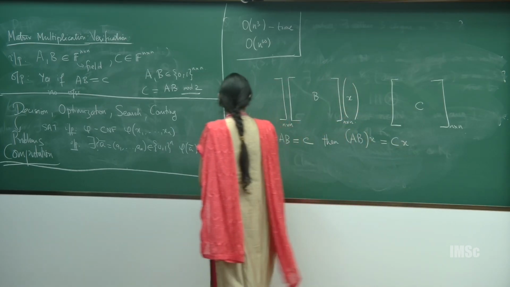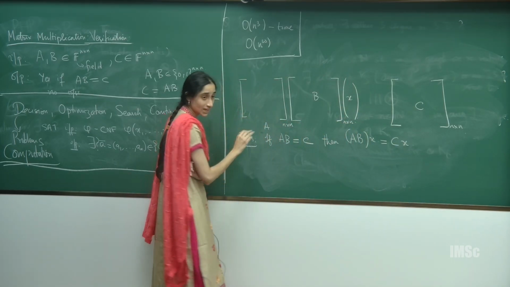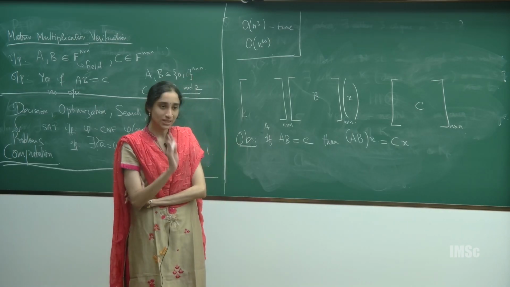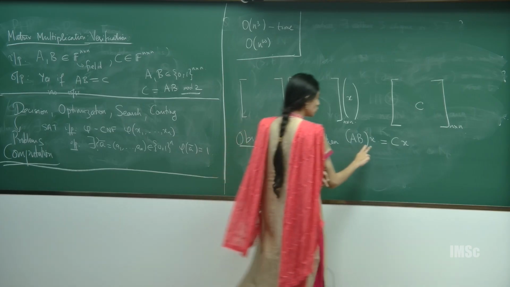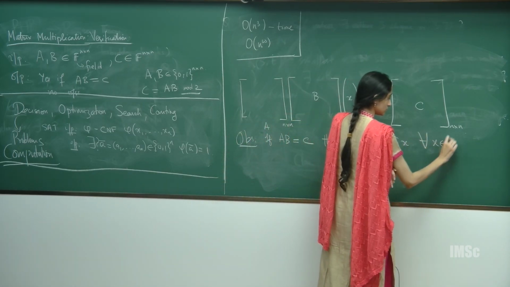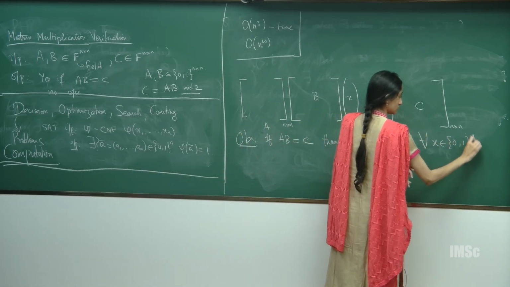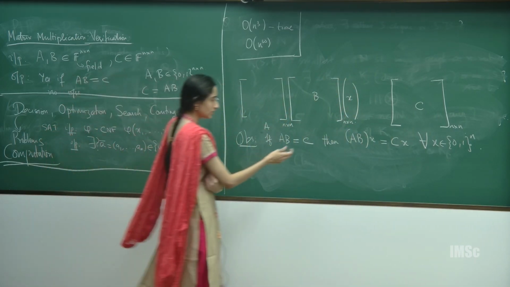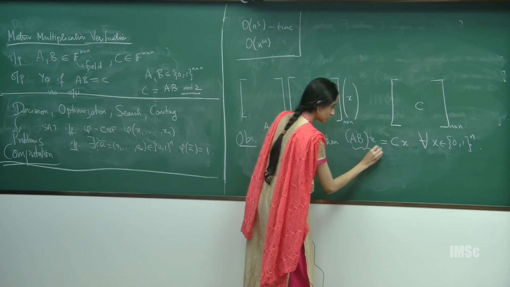I mean, this is an observation. This has nothing to do with the algorithm, this is just something mathematical. If AB is actually C, then no matter what X you pick, ABX equals CX. So what is the advantage of doing this operation?